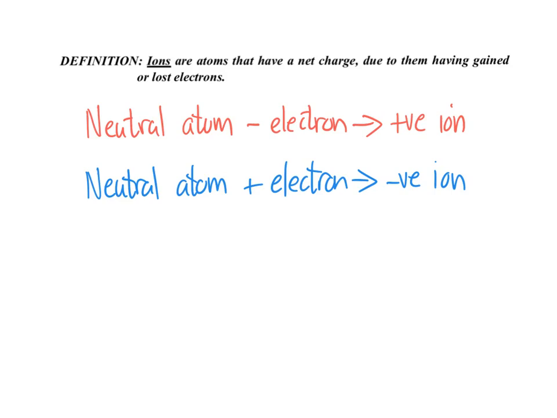So on the periodic table, all those atoms you see there are neutral. Now when a neutral atom loses an electron, it becomes a positive ion, which we call a cation, and we'll discuss that later on. So a neutral atom, when it loses an electron, becomes a positive ion.